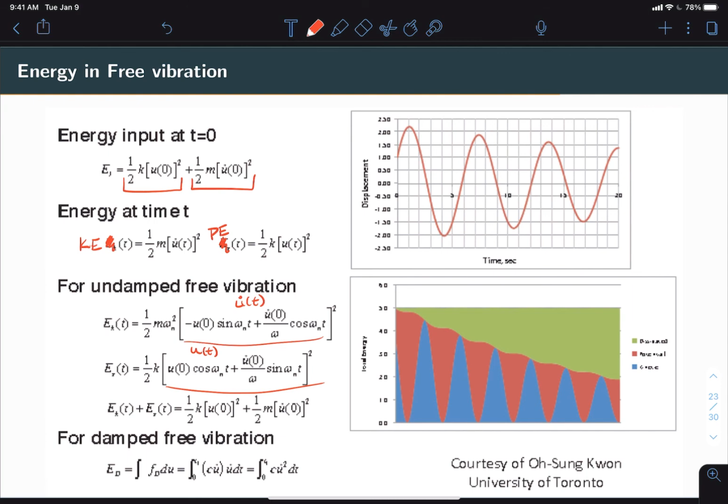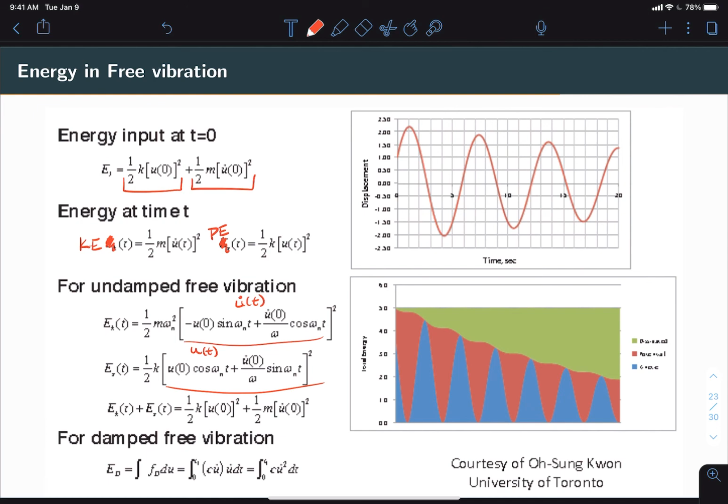And again, we obtain what we would expect, that the energy remains constant, right? So the energy at the input is the same as the energy at any other point in the system. That makes sense. Energy is conserved. It simply goes back and forth between kinetic and potential energy.